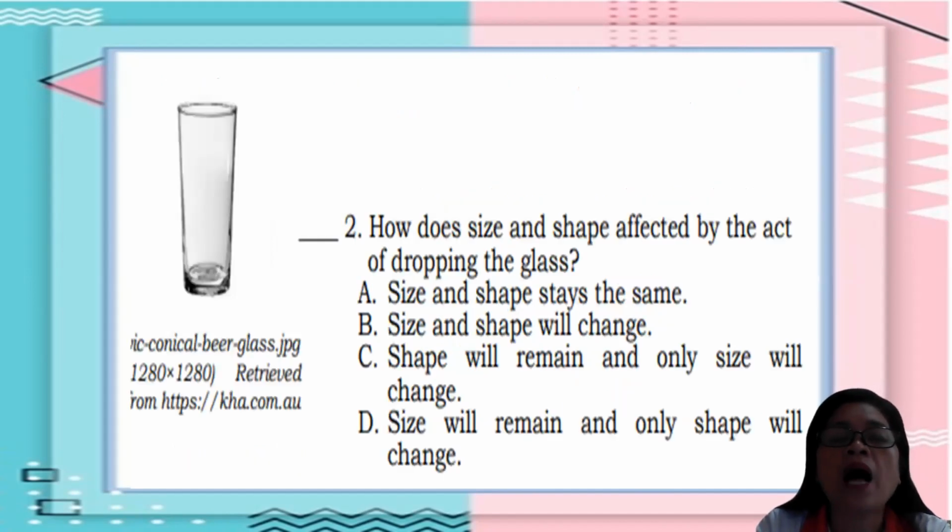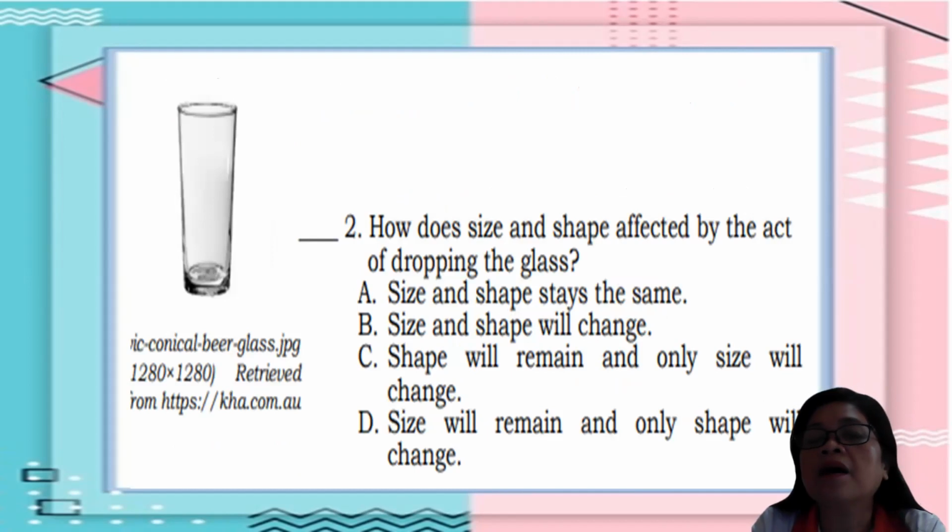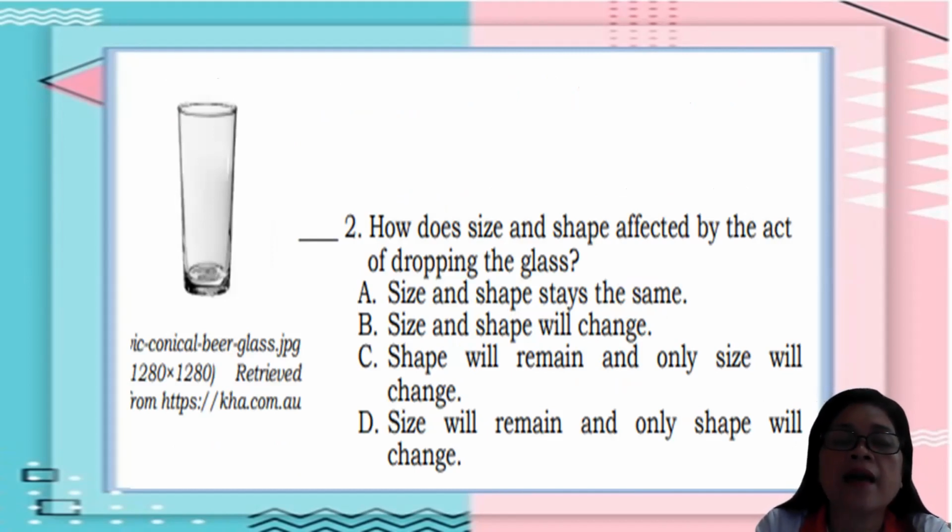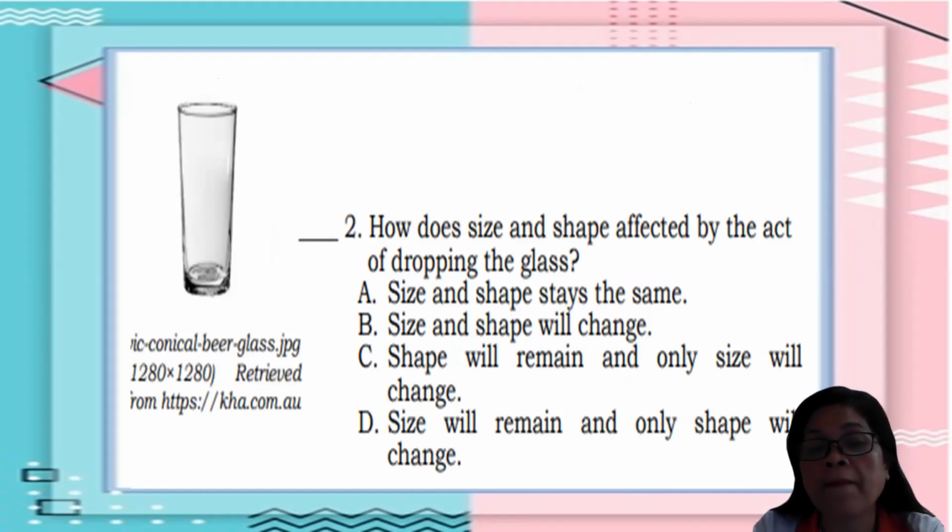Number 2, how does size and shape affected by the act of dropping the glass? A, size and shape stays the same. B, size and shape will change. C, shape will remain and only size will change.